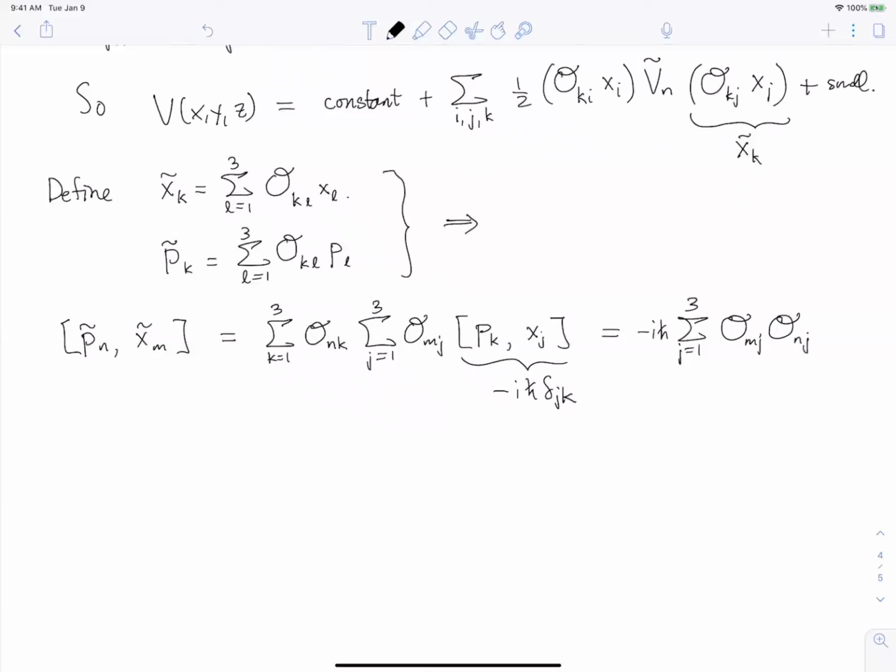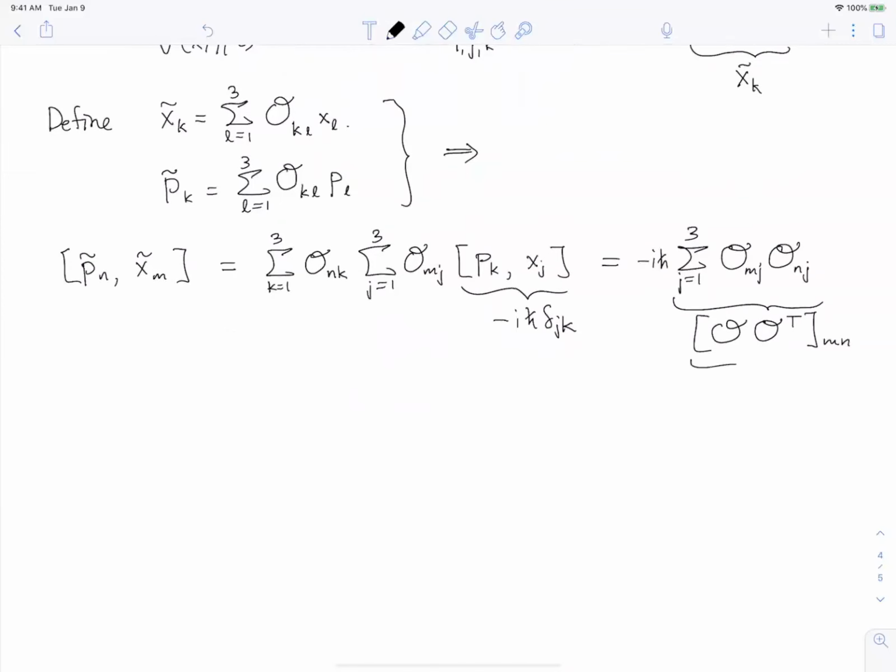I set k equal to j. But this right here is the matrix O transpose, the Mn component. And by the definition of an orthogonal matrix, that's the Kronecker delta, delta Mn.